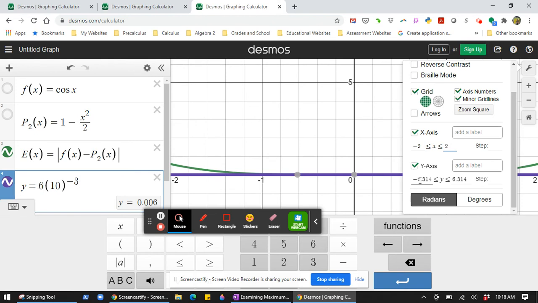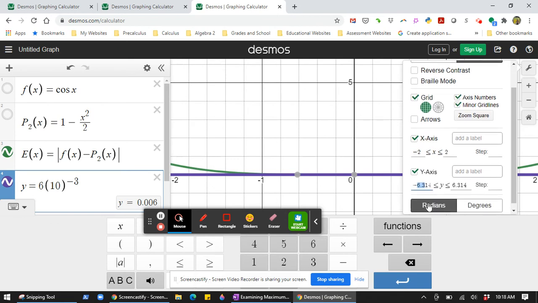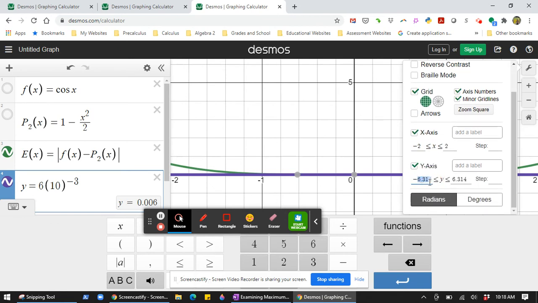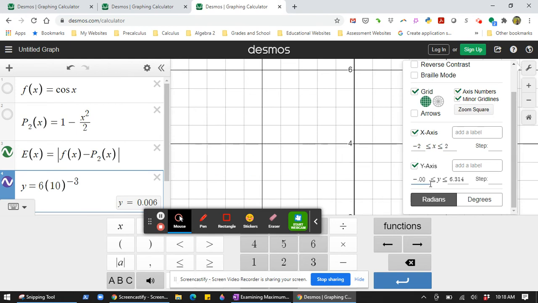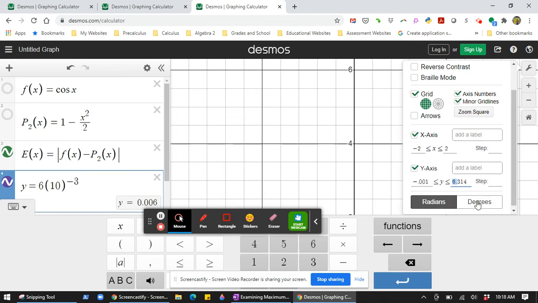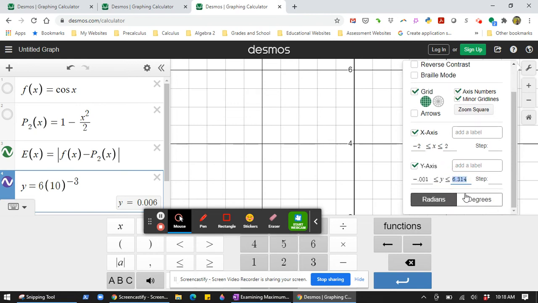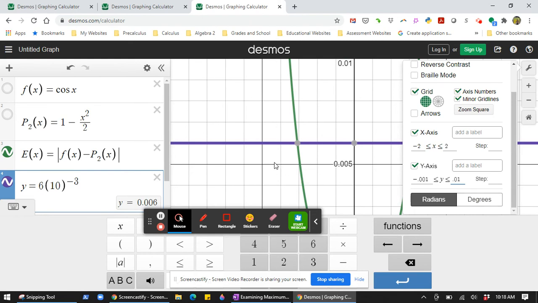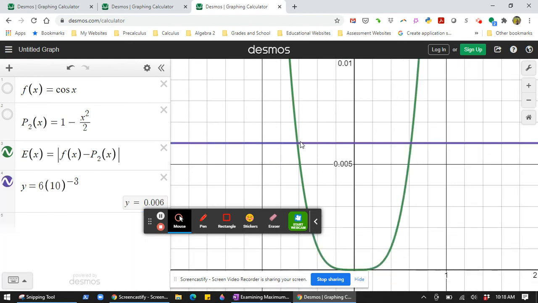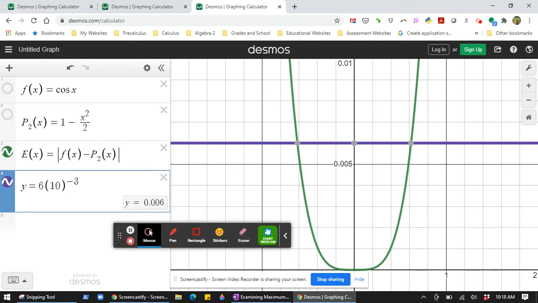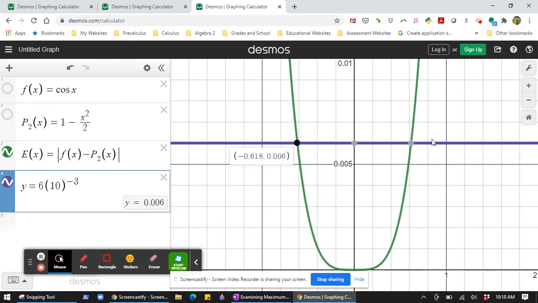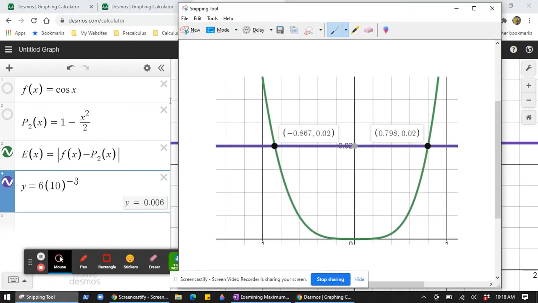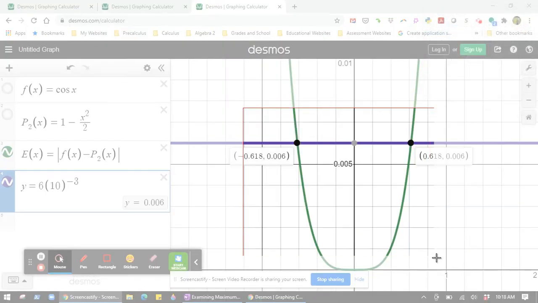So we might make our window go from something like negative 0.001 maybe, and then it can go up to maybe 0.001 here. That's good enough. And here we are. So we're going to click on those points and record them.